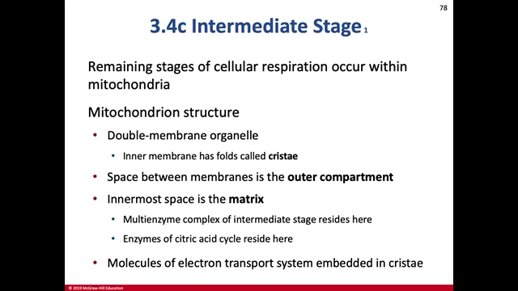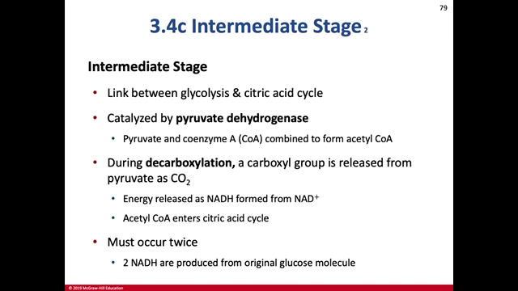Next thing that's going to happen, we're going to move the pyruvate into the mitochondria, forming something called acetyl-CoA. So what will happen is that a carbon dioxide will be stripped off of pyruvate, and the acetyl group will be added to coenzyme A, and the energy from decarboxylation is so significant that we can use it to form an NADH from an NAD, okay?